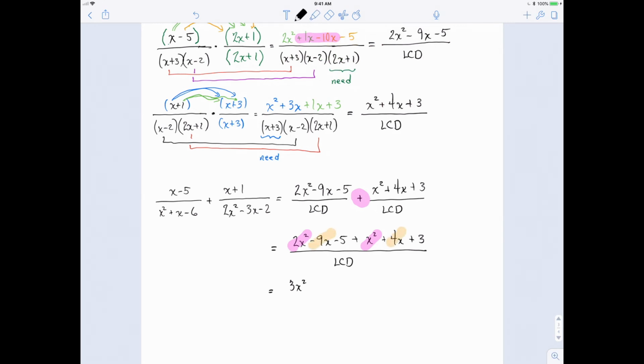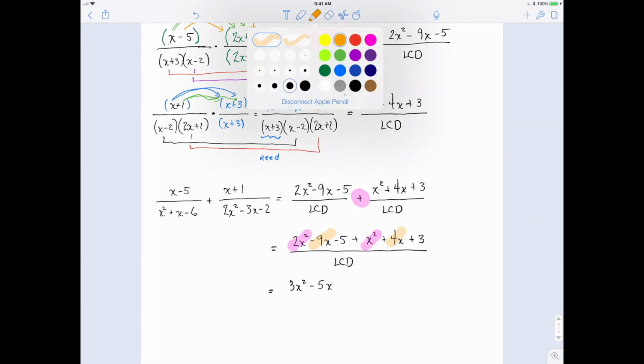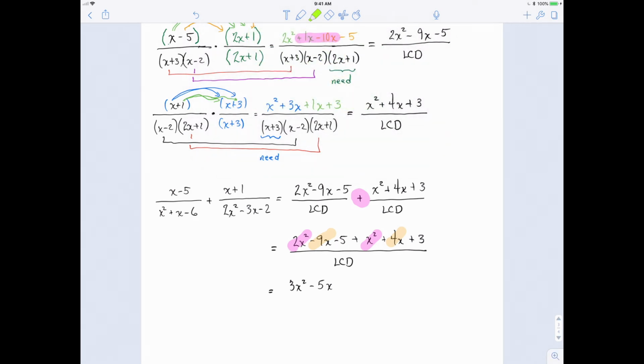That would be minus 5x. And then I have a minus 5 plus 3. My last two terms, we can see them down there. Minus 5 and a plus 3. Let's write that as minus 2 over the LCD.